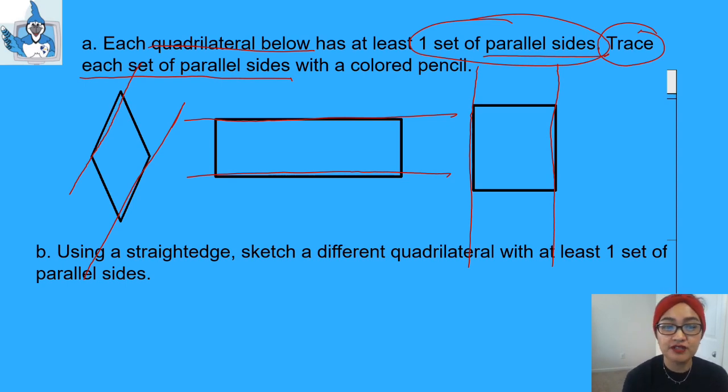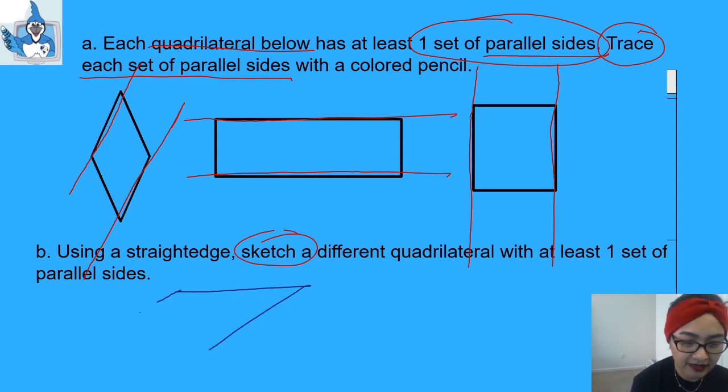Okay, now let's work on letter B. It says using a straight edge, sketch a different quadrilateral with at least one set of parallel sides. So I remember there's like 5 quadrilaterals that we talked about. So I'm going to draw the last 2 that's not included on letter A. So the first one is your parallelogram. Parallelogram looks like this. Okay.